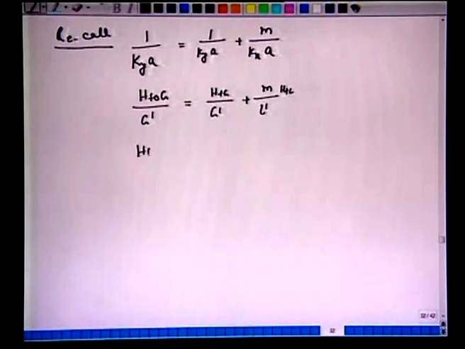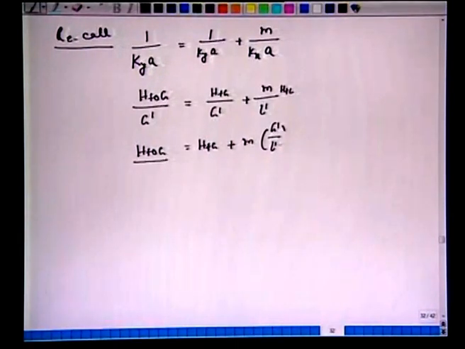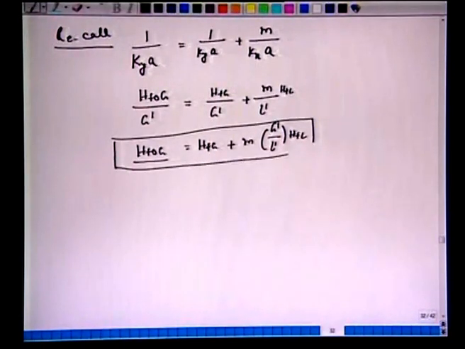So, HTOG, the overall height of transfer unit based on the gas phase, equals the individual HTG based on the gas phase plus m G prime over L prime HTL, since we have multiplied both sides of the expression by G prime. So, this is another way of writing HTOG in terms of HTG and HTL.